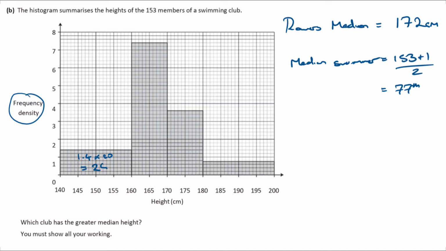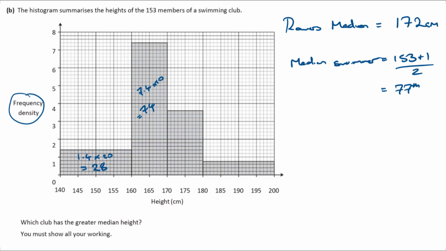So that's 28 people in that bar. This next one has a width of 10, so 7.4 times 10, that's 74 people in there.